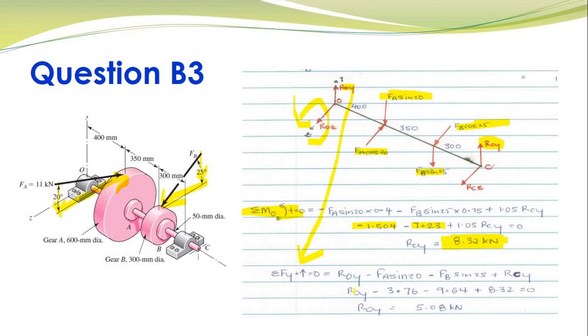You substitute for all of these values: ROY minus, we got negative 3.76 for Fa sine 20, Fb sine 25 you got negative 9.64, and RCY was whatever we obtained from here. What we get is a value of ROY of 5.08 kilonewton. What this indicates is that again the assumed direction of the force ROY is correct.